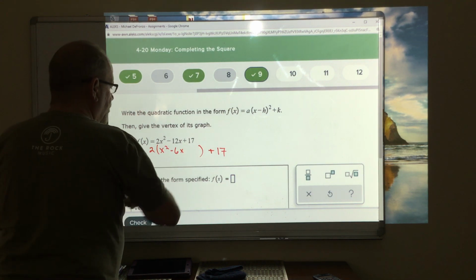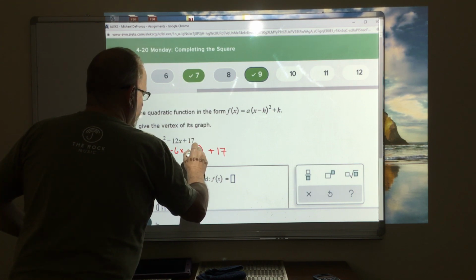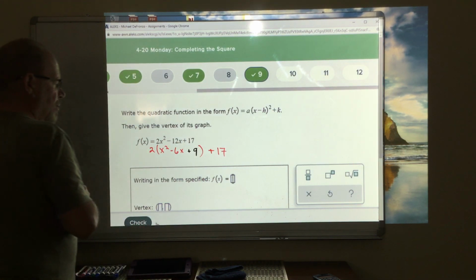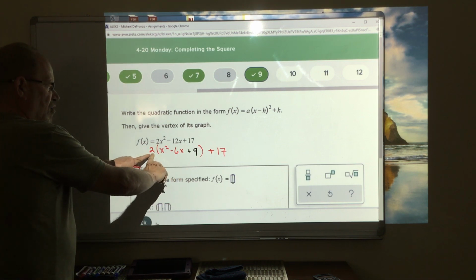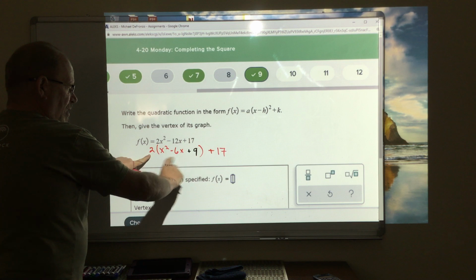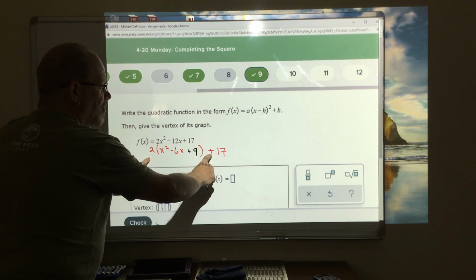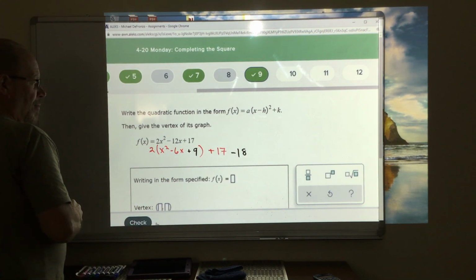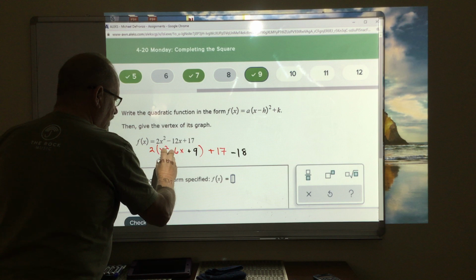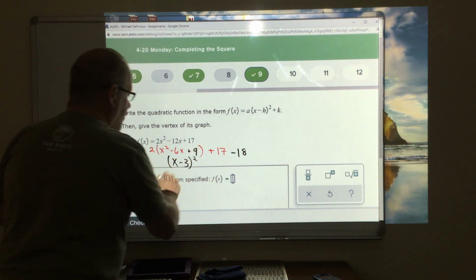Negative 3 squared. 9. I didn't add 9 though. What did I add? I added 2 times 9. See that? I added 18 right here. I have to undo that. So I subtract 18.